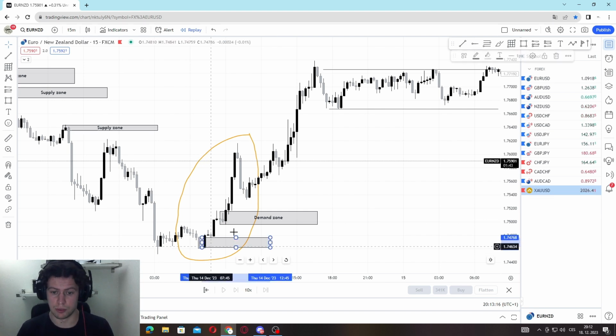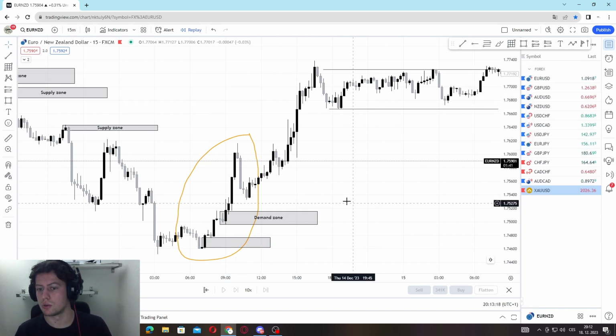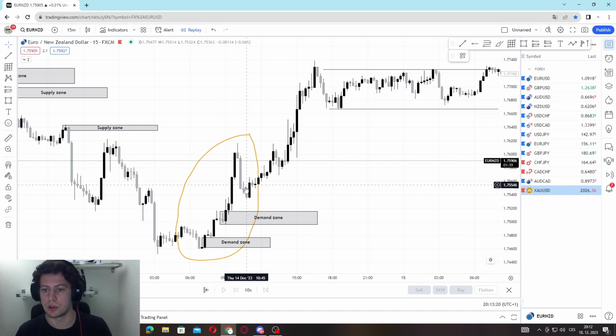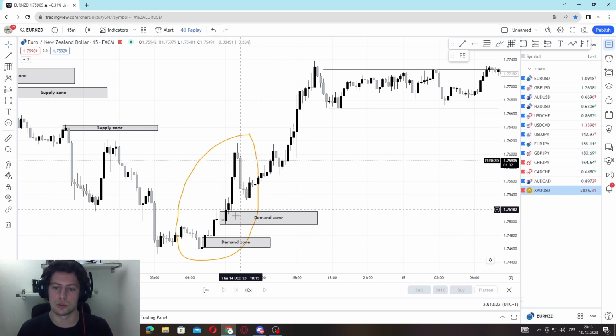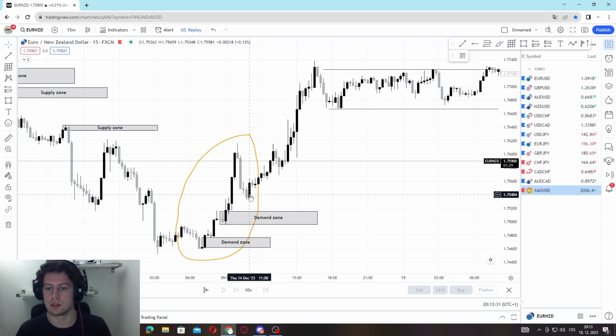So this is for me also a demand zone, and there is also a demand zone because we have this push, not so strong like this, but also a nice candle pattern, also a nice demand zone.